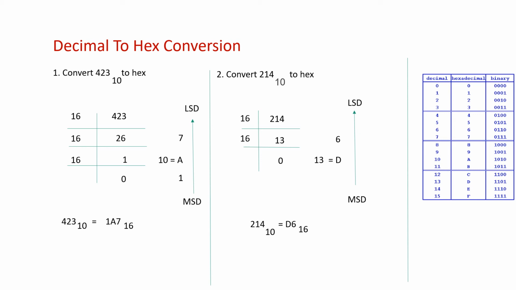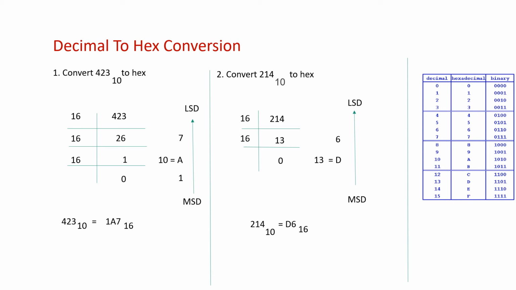It's the same way as in the decimal to binary conversion and the decimal to octal conversion. We are going to repeatedly divide the decimal number by 16 to get the hexadecimal equivalent.